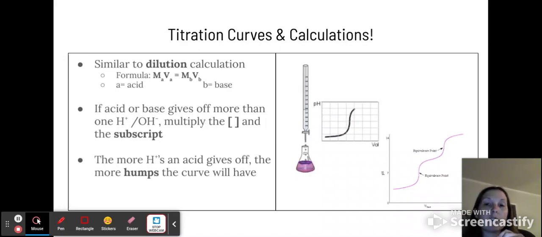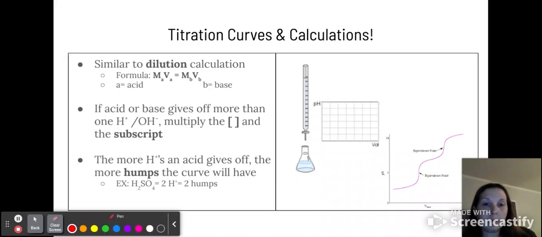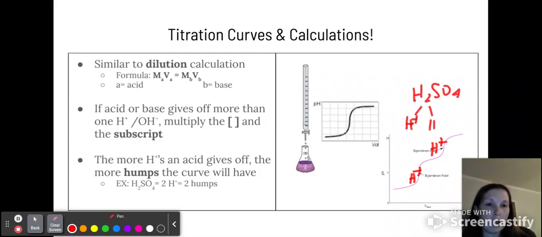The more hydrogens that an acid gives off, the more curves on the titration plot it will have, or the more humps the curve will have. So if you look at this picture over here, this is one for H2SO4. So this first curve is for 1 H plus. This second curve is for 2 H pluses, because we know H2SO4, when it breaks up, will give an H plus, an H plus, and an SO4 2 minus.